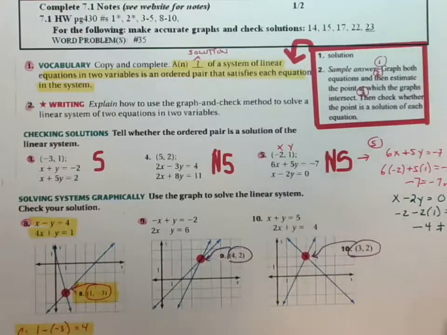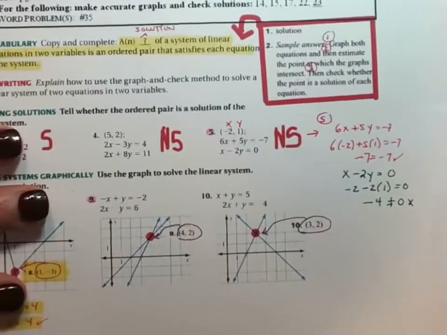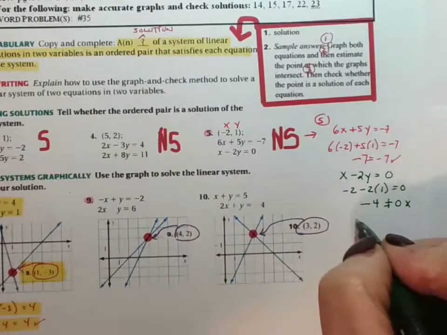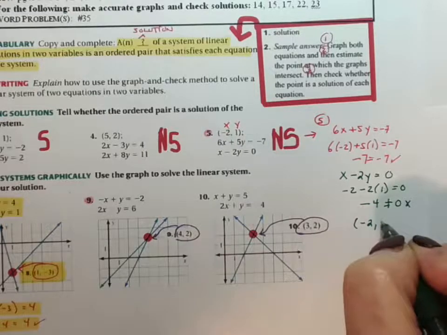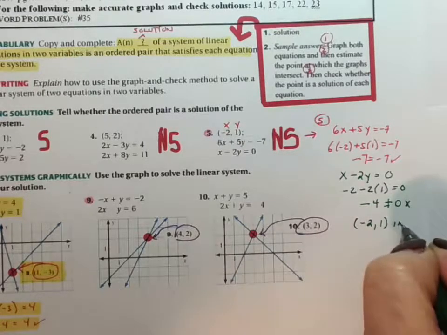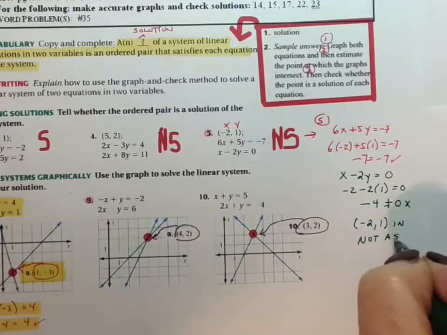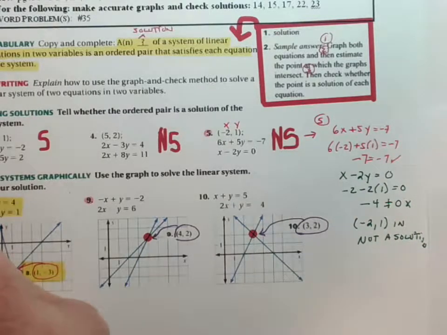It must check in both equations for it to be a solution. So negative 2, 1 is not a solution. Okay.